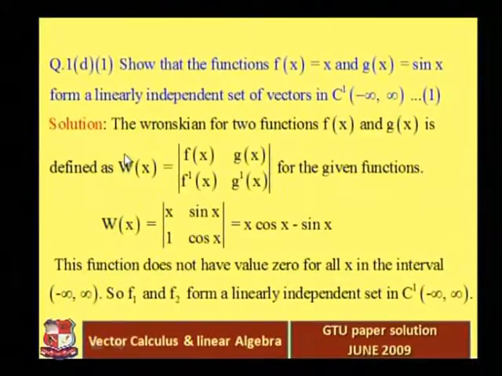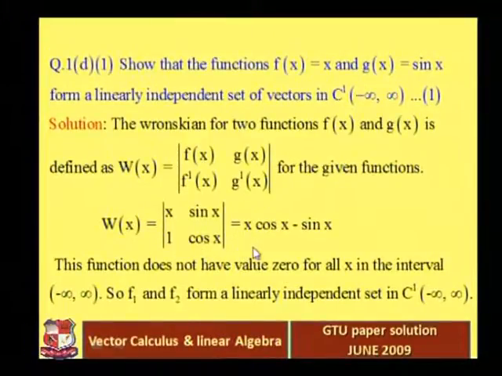Here we use the Wronskian determinant, right? The Wronskian for two functions f(x) and g(x) is defined with the first row f(x), g(x), and the second row f'(x), g'(x). So we take the derivatives of the given functions. The Wronskian determinant is x, sin x; the derivative of x is 1, the derivative of sin x is cos x.